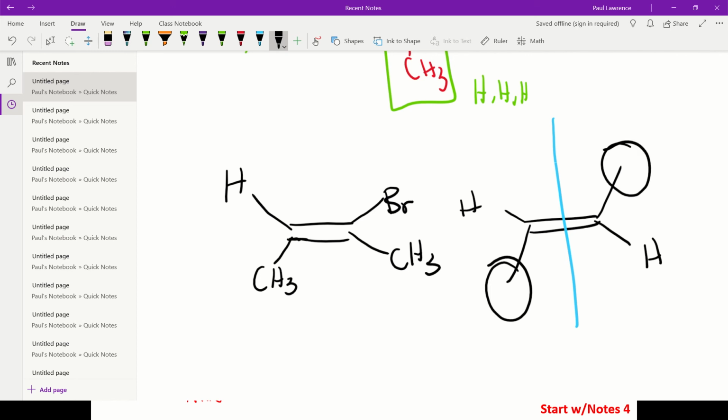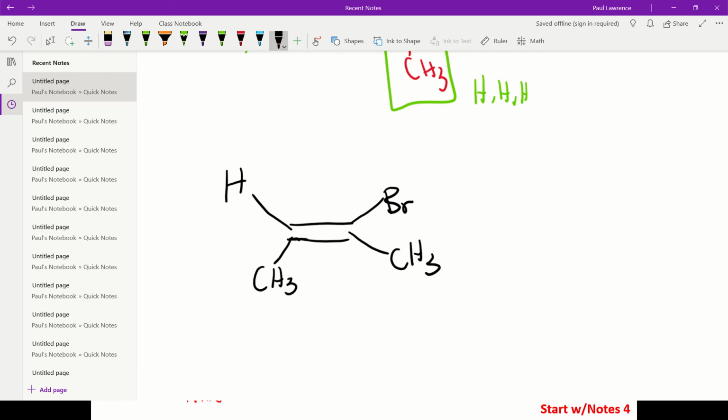And then we ask ourselves, what's the relationship between those two large groups? If they're on opposite sides of that alkene, then they're trans, right? So if we attempt to do that for this guy, we can see that this right here is the larger group, and this is the larger group, okay? So those two groups are trans to one another.